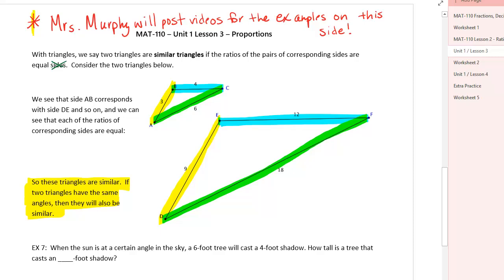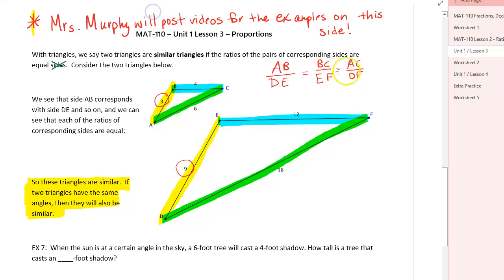If we look at the ratio of side to corresponding side for all of these sides in both of the triangles, we'll see that that ratio is the same. So, let's do this. AB is to DE as BC is to EF. And finally, AC is to DF.